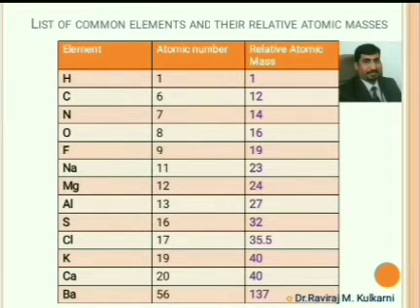Nitrogen 14. Oxygen 16. Fluorine 19. Sodium 23. Magnesium 24, aluminium 27, sulfur 32, chlorine 35.5, potassium 40, calcium 40, barium 137.